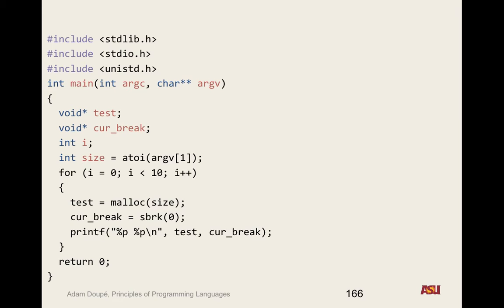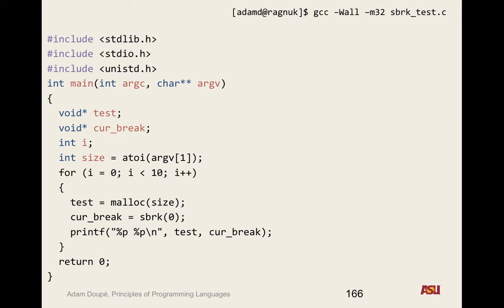So on Linux, it's sbrk. On Windows, they have some other way to do it. I don't know exactly what it is. And on Mac OS X, they also have, I think, something different but similar. Mac OS X is weird, so I won't get into it. But yeah, this is all just defined, so you can do this.